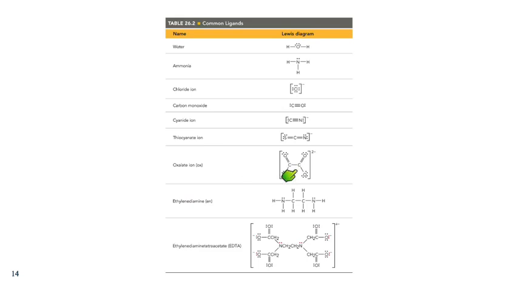So here's the structure of it. Is this going to attach at just one oxygen, or is this possibly a bidentate ligand? This can be a bidentate ligand. You can have both of these oxygens attached to the central atom.